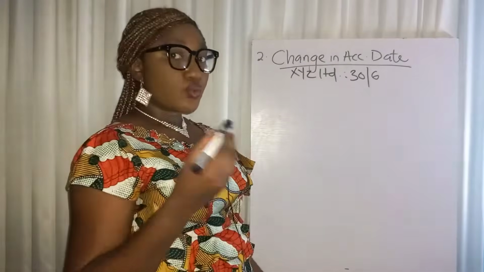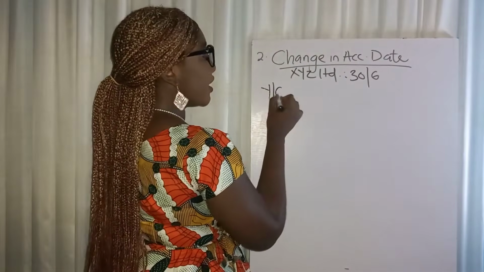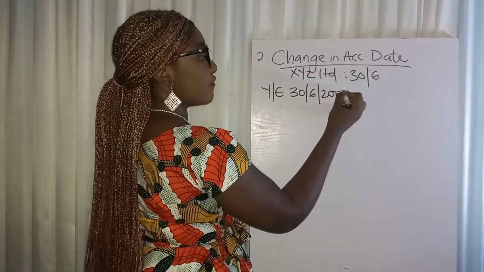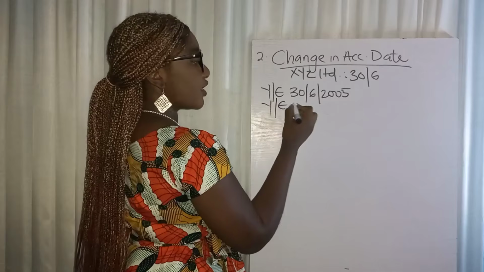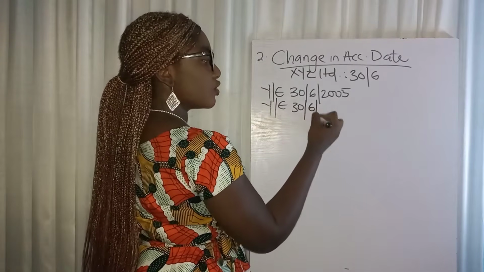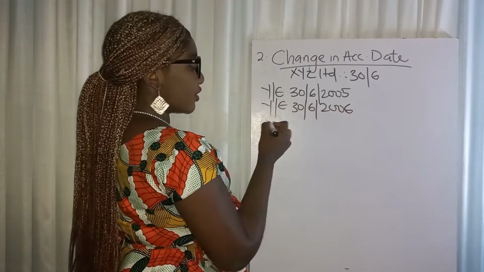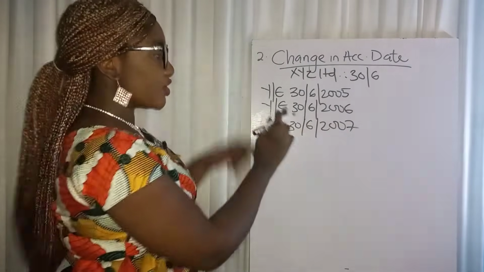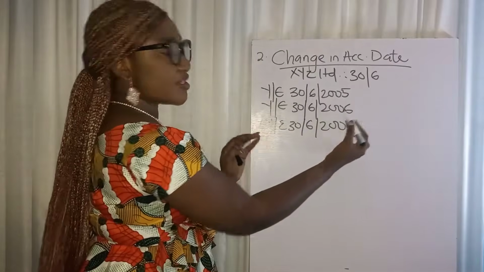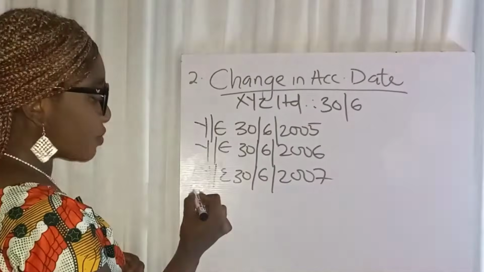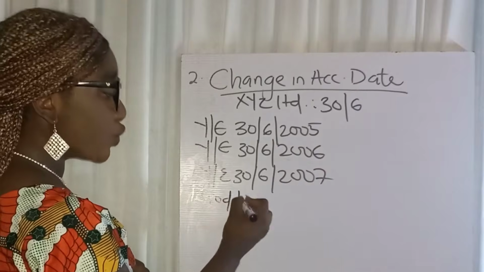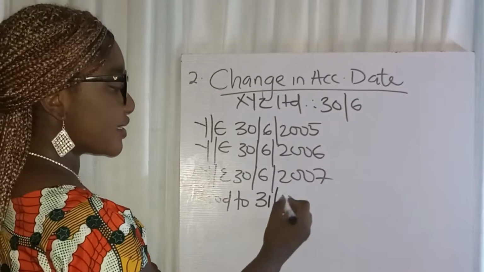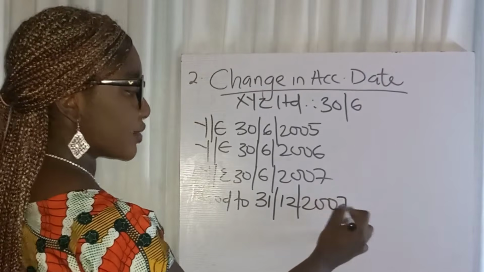So a typical question will come like this. Let's say year ended 30th June 2005, year ended 30th June 2006, then year ended 30th June 2007. Can you see that everything is normal? 12 months. Look at the accounting year end, it is correct. Then you can now see something like period to 31st December 2007.